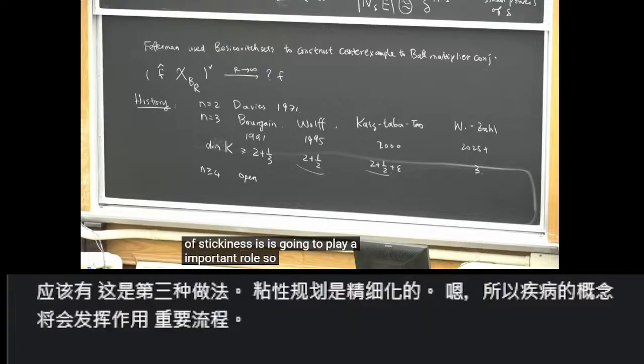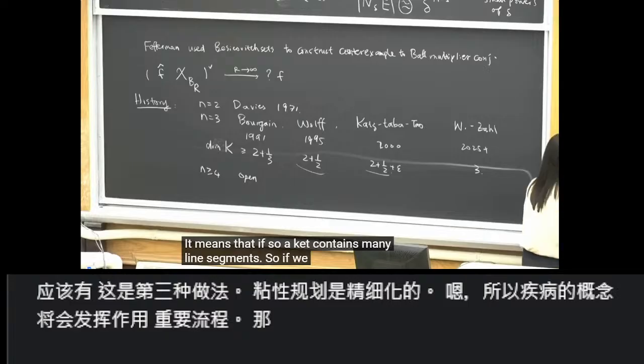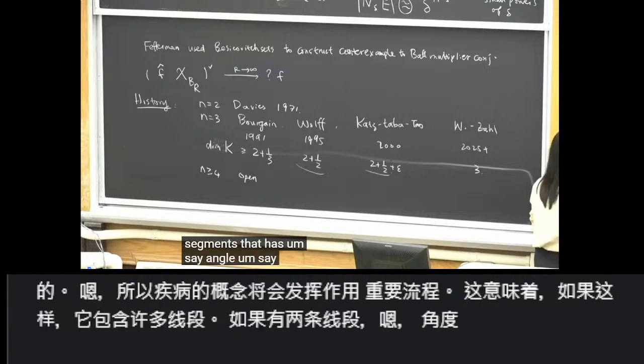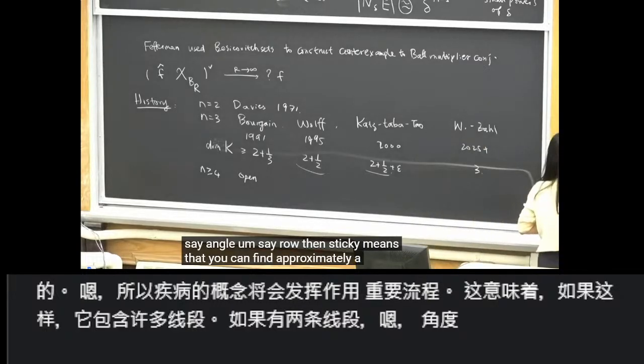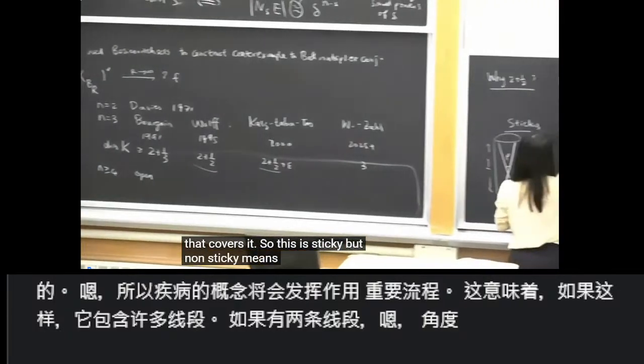So what does a sticky Kakeya set mean? It means that a Kakeya set contains many line segments. If we have 2 line segments that have angle, say, rho, then sticky means that you can find a tube of radius approximately rho of length 1 that covers both.